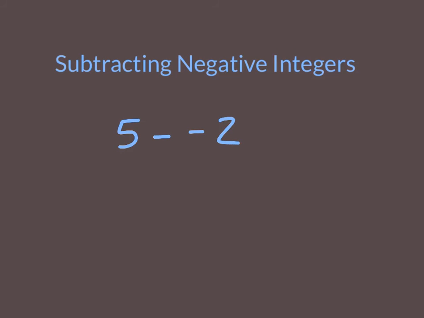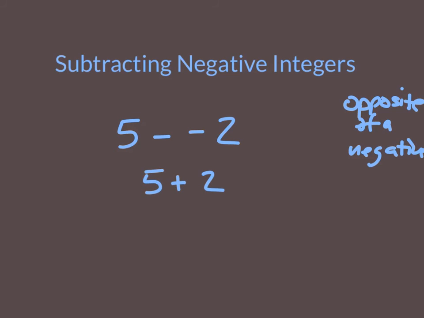And when I see this, I have to think the opposite of a negative, and the opposite of a negative is to simply just add. Opposite of a negative number is the positive number. So I could change this to 5 plus 2. So whenever you subtract a negative, you change it to a positive. And we do 5 plus 2, and that's going to give us 7.